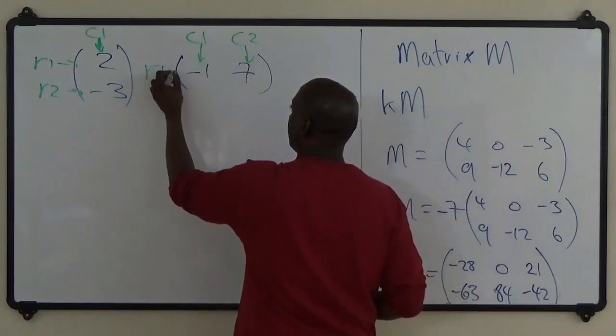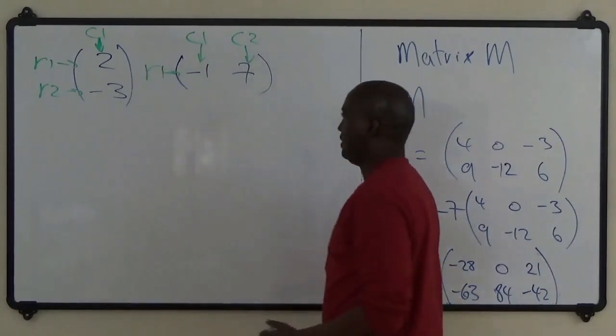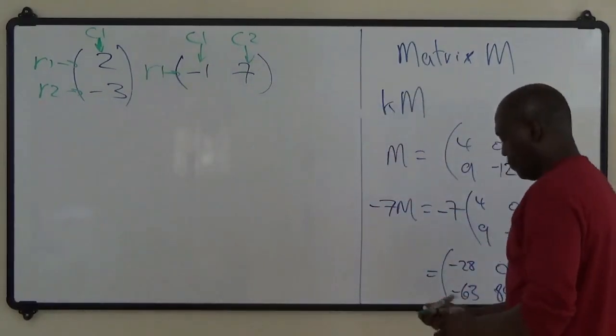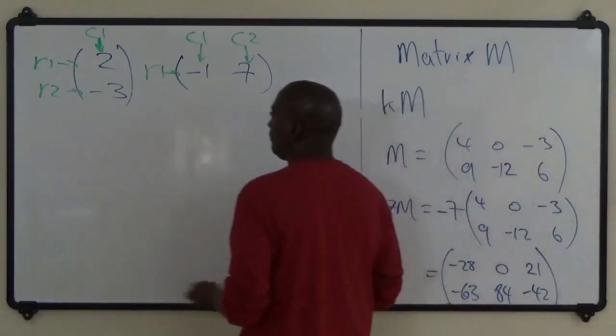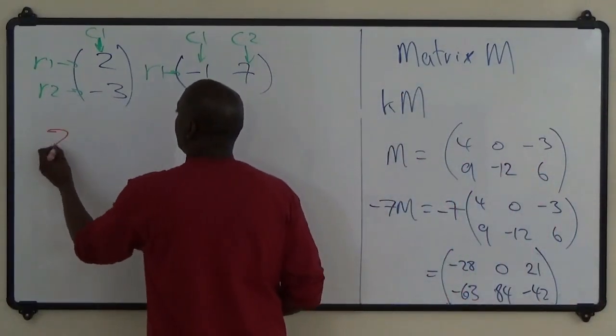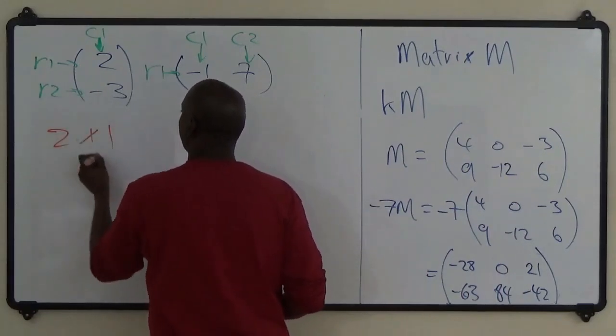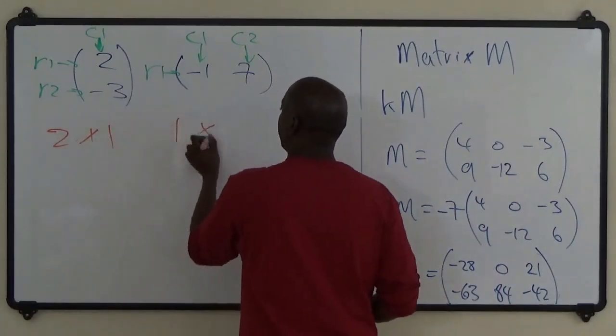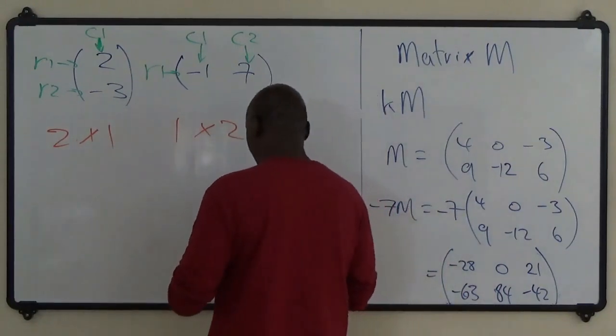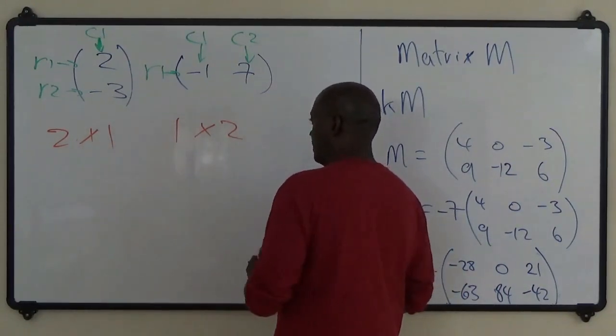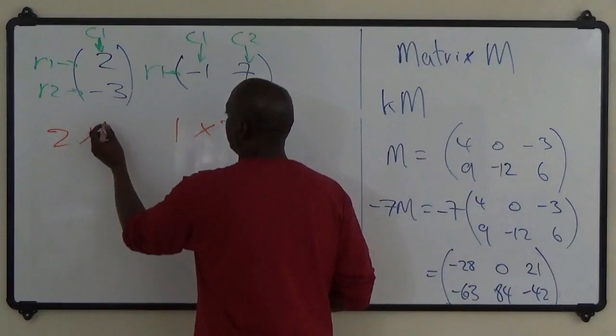All right. So we have 2 rows by 1 column multiplied by 1 row by 2 columns, proper pluralization.